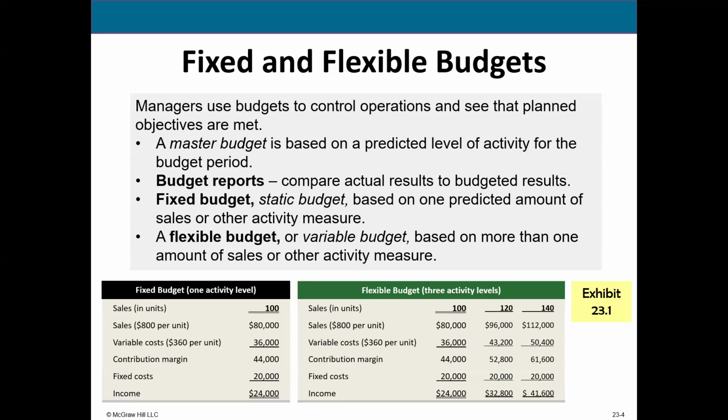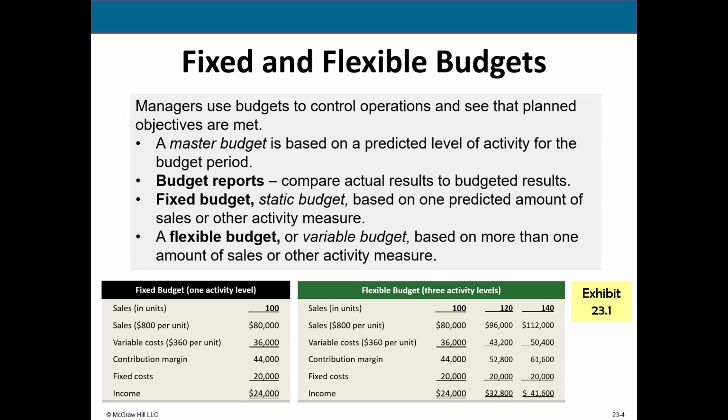And having big variances, that's not very helpful for us as managers because we want to be able to understand why these differences or variances are occurring in the first place. And if I'm comparing my actual performance to a fixed amount, that's not very helpful for me, right?